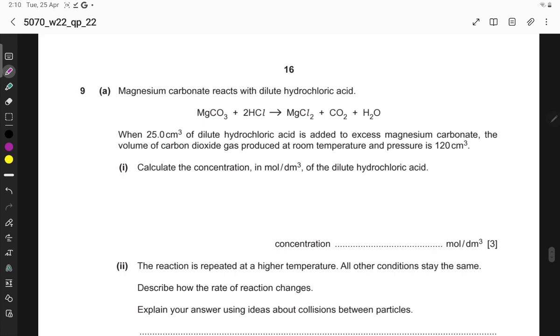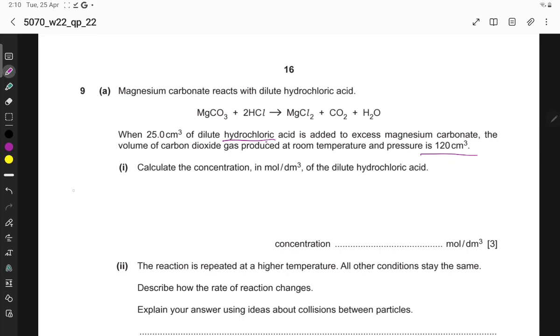Question number 9. Magnesium carbonate reacts with dilute hydrochloric acid. When 25 cm cube of acid is added to excess magnesium carbonate, the volume of carbon dioxide gas produced at room temperature and pressure is 120 cm cube. Calculate the concentration in mole per dm cube of the dilute hydrochloric acid. So we have only the volume of the hydrochloric acid. First find the mole of carbon dioxide.